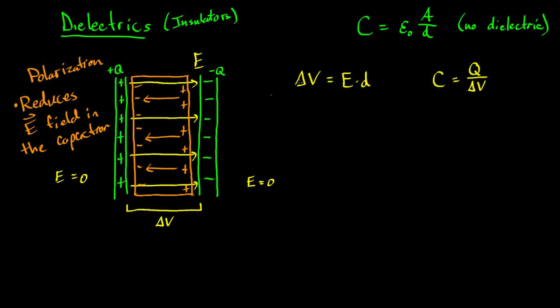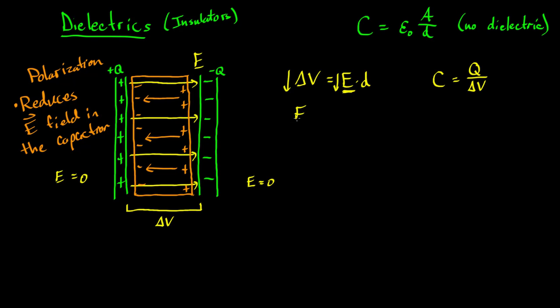Because if we come over here, we can see that, number one, the potential difference is the electric field strength times the distance between them. Remember, this is the potential difference across a capacitor. If we reduce the E field, we're not changing the distance, so the potential difference has to go down.